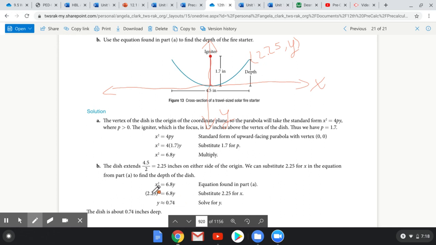They did that here. Plug in 2.25, square it, divide by 6.8. So 2.25 squared divided by 6.8 is 0.7445. It goes on. They rounded to 0.74, which is perfectly fine, since we're in inches and probably not going to be much more specific than that.